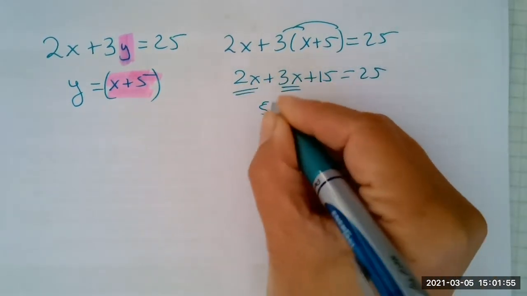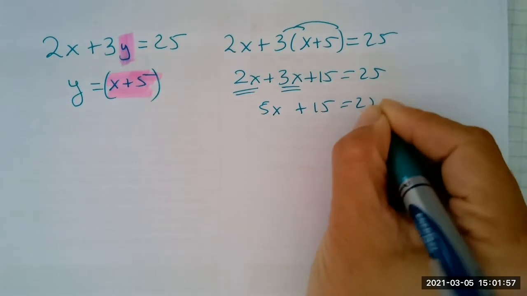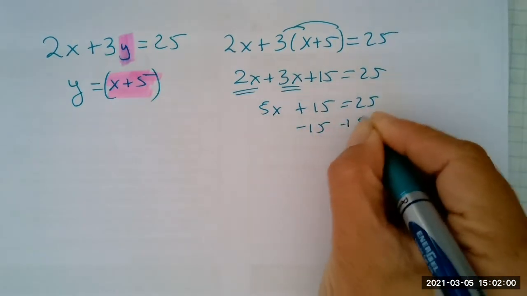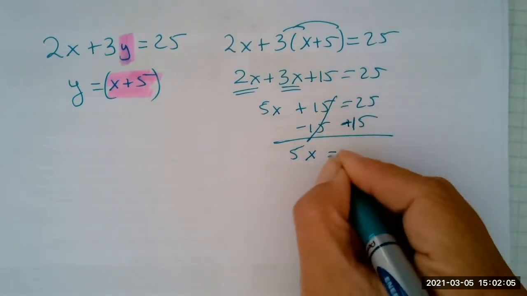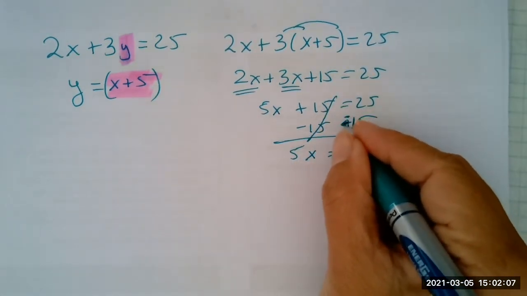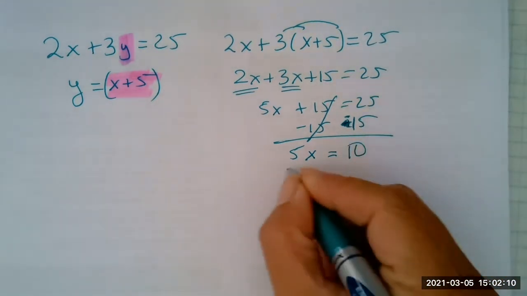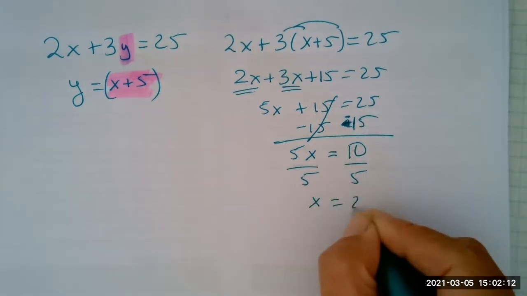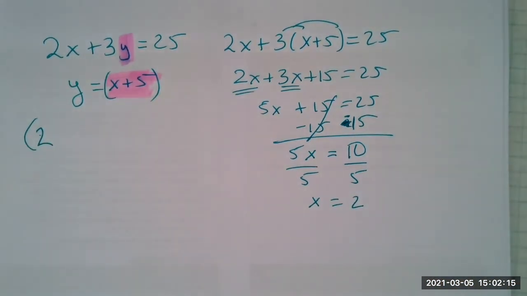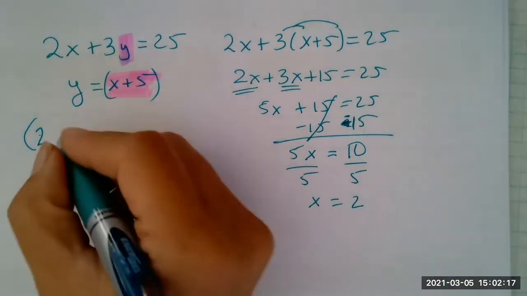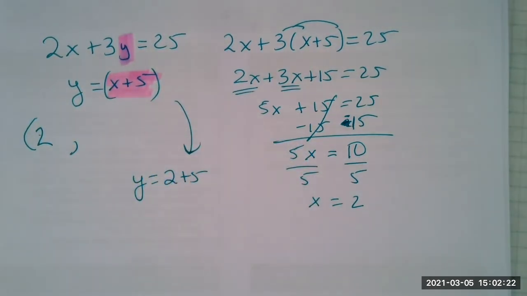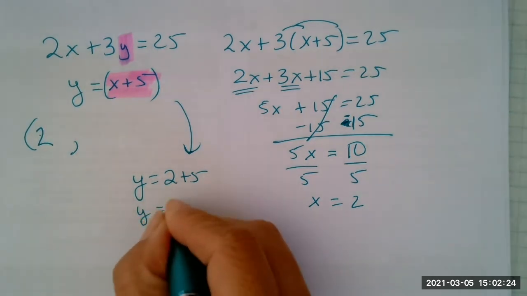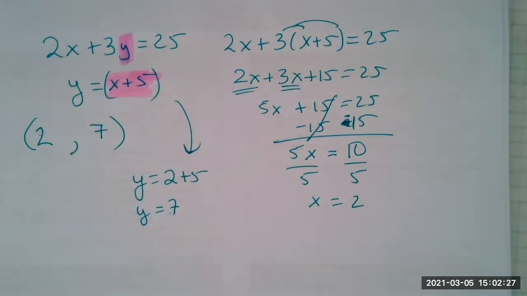Combine like terms. And now it becomes a regular problem. Whew. That goes away. That should say minus. That's sloppy of me. Divide by 5, x equals 2. So there's my x value. Now I just plug it into this one, substitute it into that one. Plug it in and substitute mean the same thing. Plug it in is me being lazy in my language. And there we go.